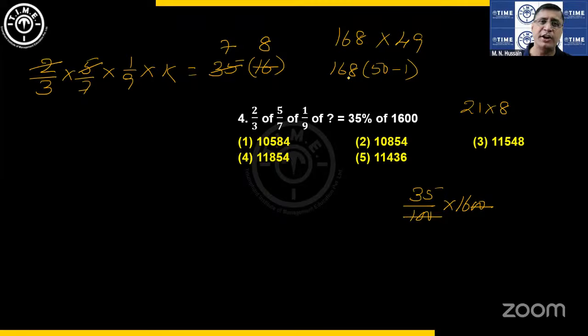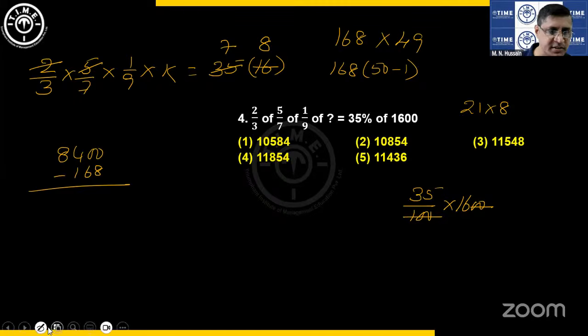What is 100 into 168? 16800. Half of the value is 8400. Okay. Now 1 time of 168, that is 168. Now subtracting this, what is the result here? Sorry, small correction here, small correction.